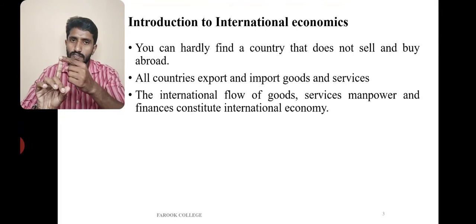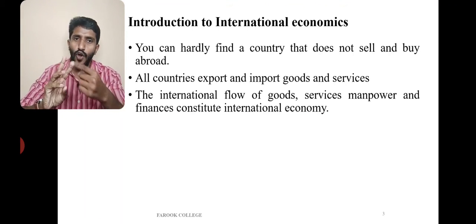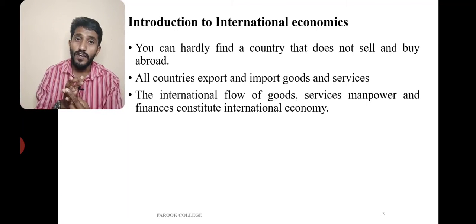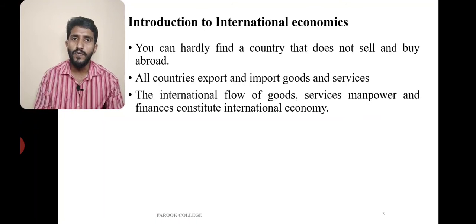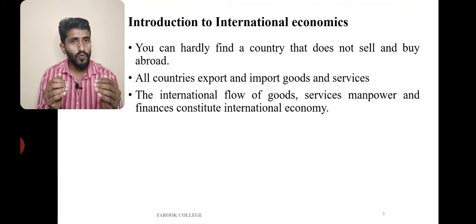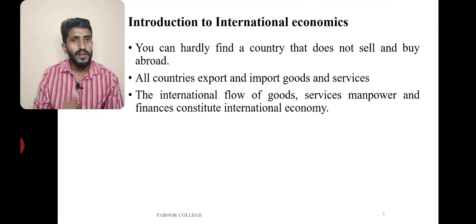Flow of goods, flow of services, or flow of manpower or finances. The goods and services flow means export and import. What is a flow of manpower? Manpower flow means migration, because all the people may not be working in their domestic country. Some of the people might be working abroad.